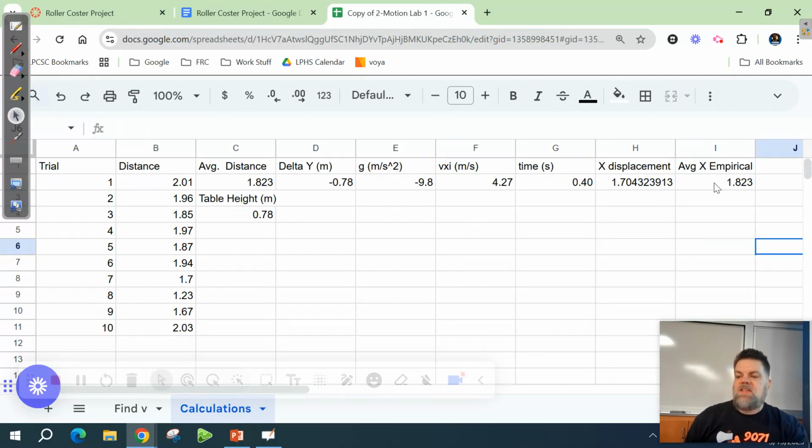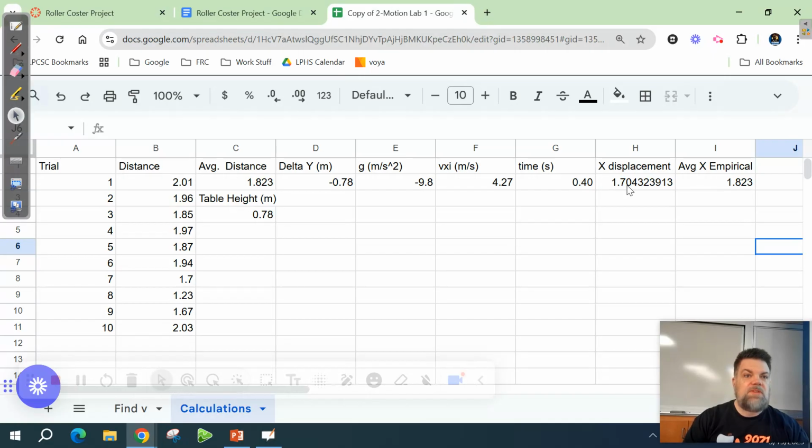And so what you'll find is that your empirical should be, if you measure things accurately. Now, if you're just like, oh, it doesn't matter, I don't care, it's probably like 1.3, whatever. But if you are very precise in your measurements, and you really took your time to make sure that you got the best measurement, those two numbers should be very close to the same.